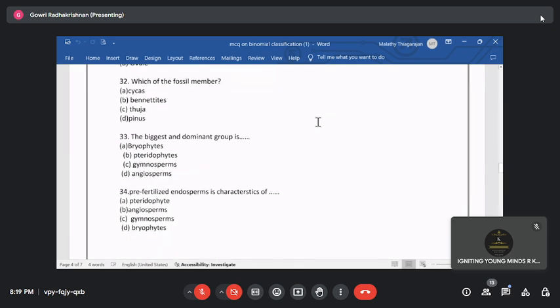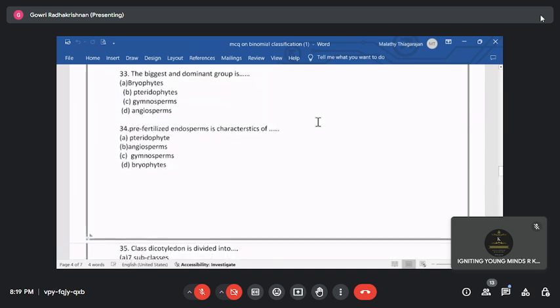All right, very good. So question number 32. Which is the fossil member? Option B. Yes, Benettitales. Very good. Then question number 33. The biggest and dominant group is?